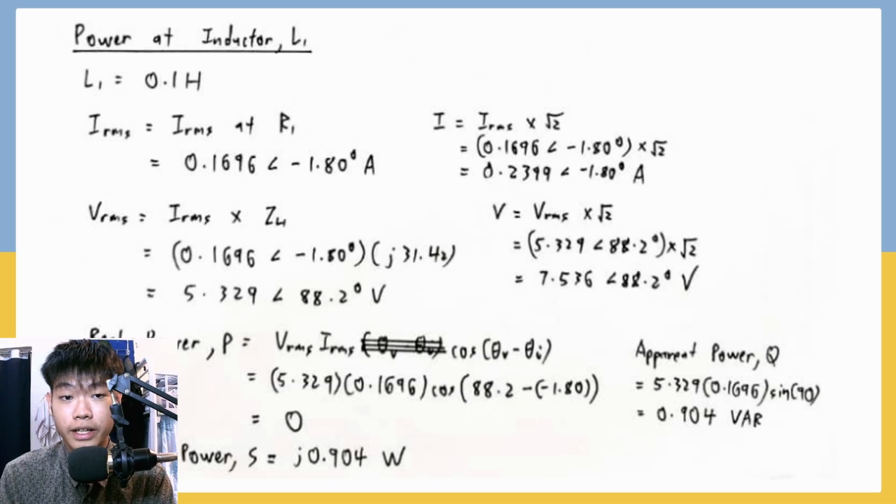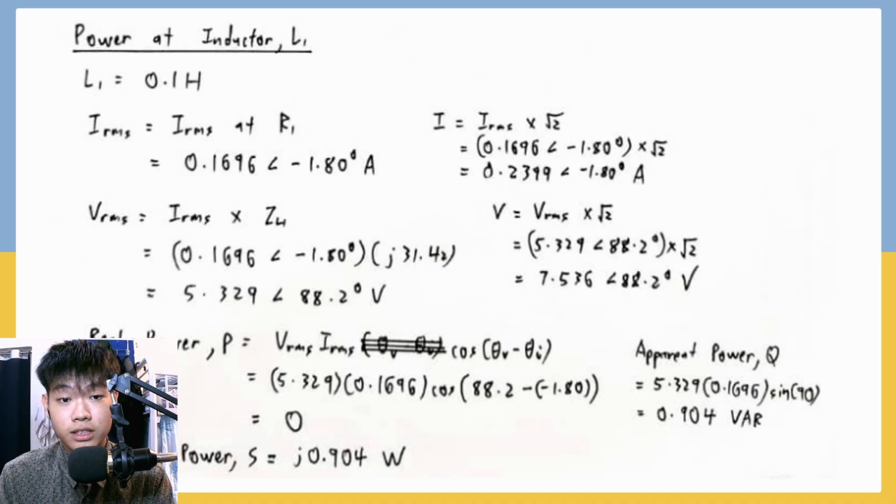L1 has a value of 0.1 Henry. The IRMS value is equal to the IRMS at resistor 1, which is 0.1696 ampere with a phase angle of negative 1.8 degree, and the I peak is IRMS times root 2, which is 0.2399 ampere with a phase angle of negative 1.8 degree.